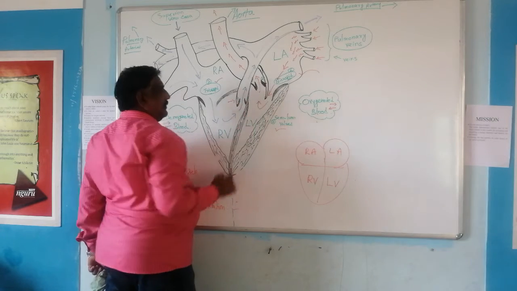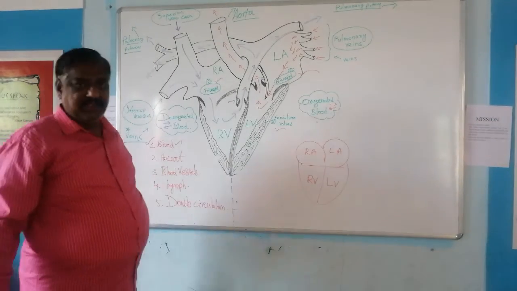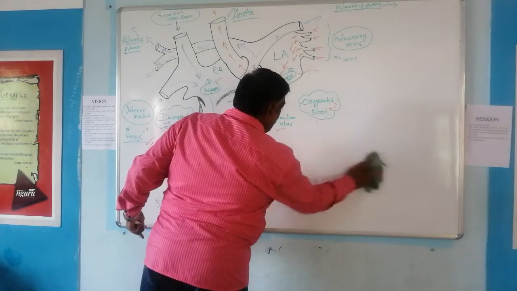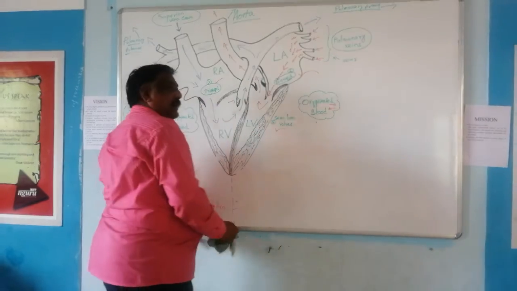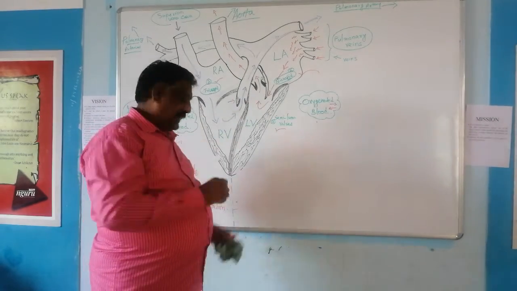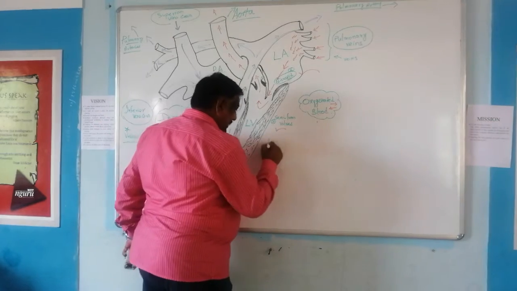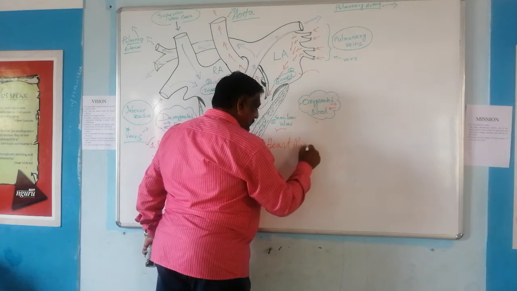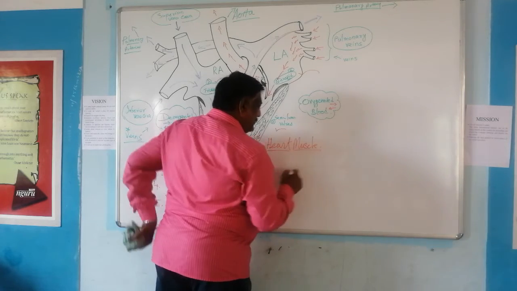So 3 valves are present. And the heart is a conical, muscular organ, and heart muscle is specialized muscle. These are all not in the book, but I am just telling you.